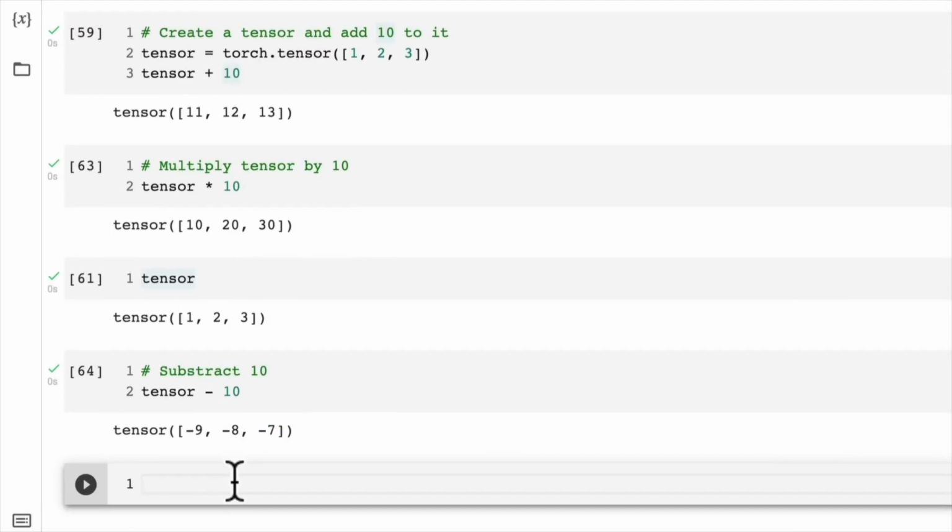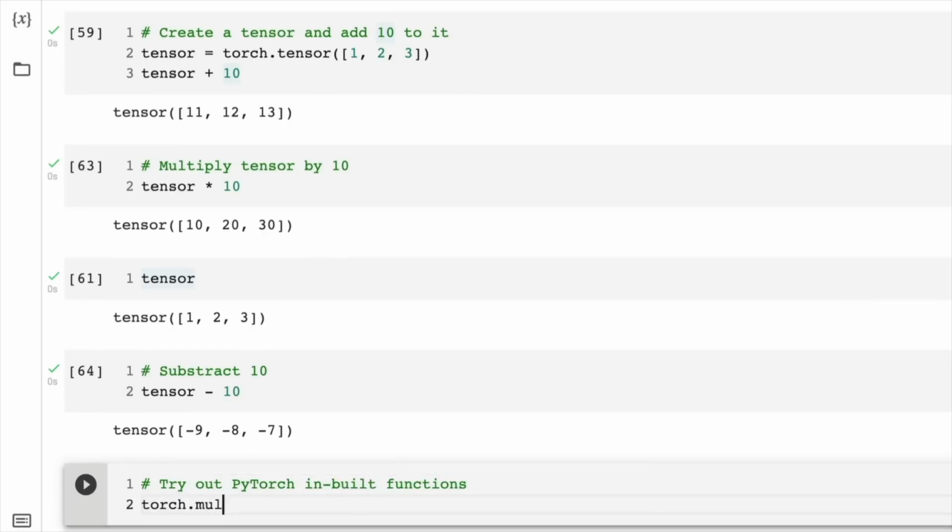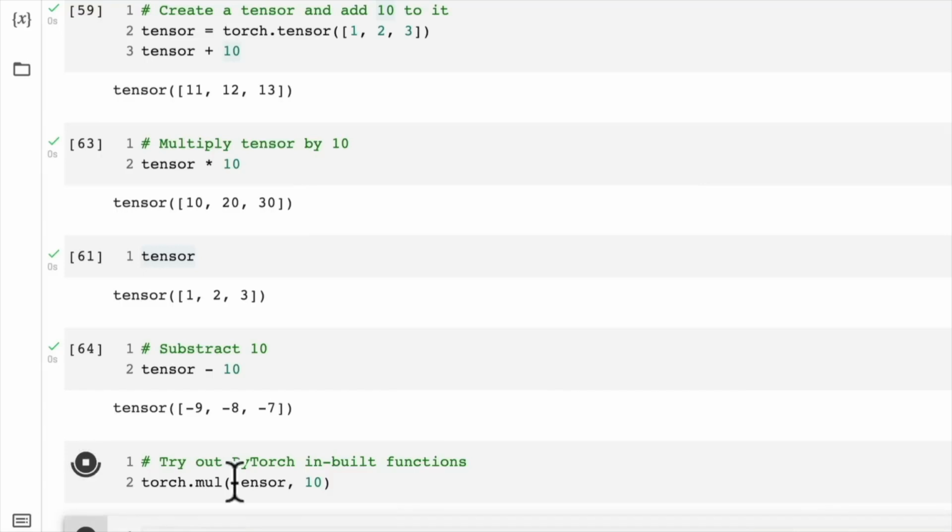You can also use PyTorch inbuilt functions. So torch.mul is short for multiply. We can pass in our tensor here and we can add in 10. That's going to multiply each element of tensor by 10.